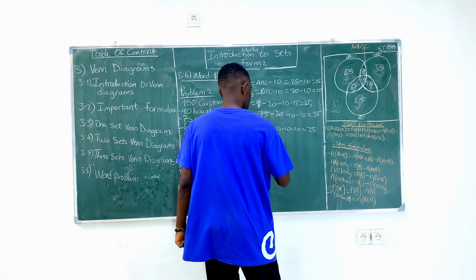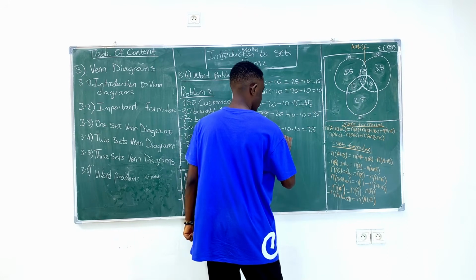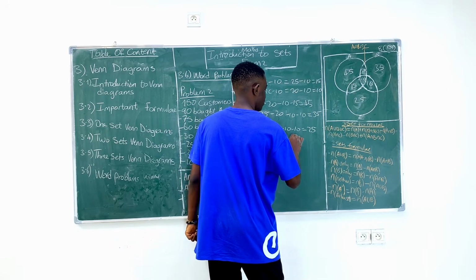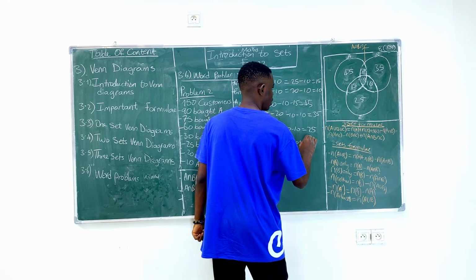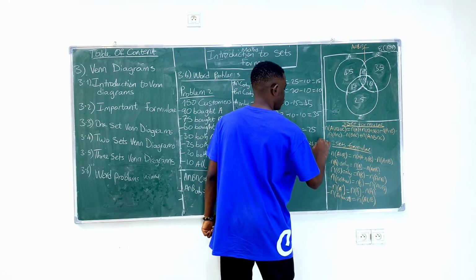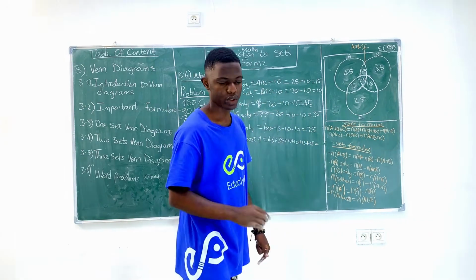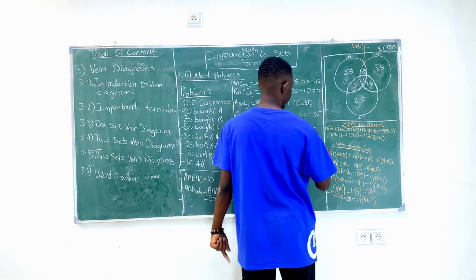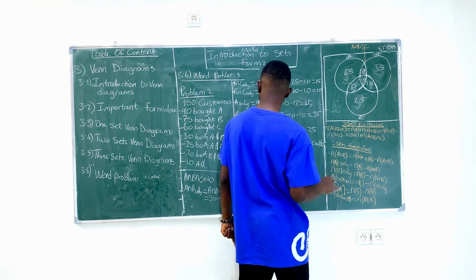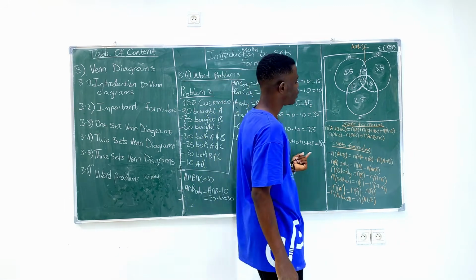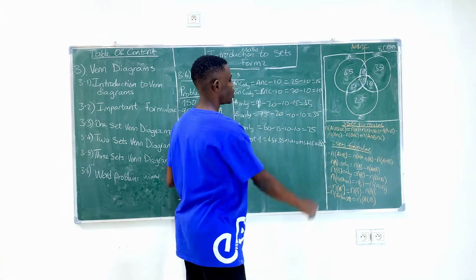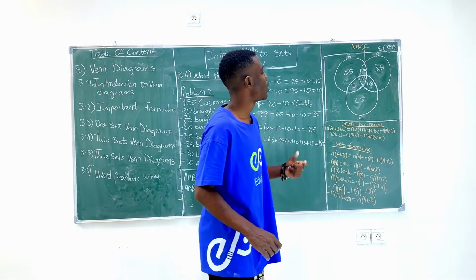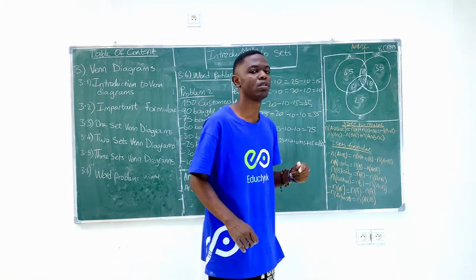So it is going to be 45 plus 35 plus 10 plus 10 plus 15 plus 25. What is that going to be? So this is the total number in the circles, 160. Now you want to know the number outside.